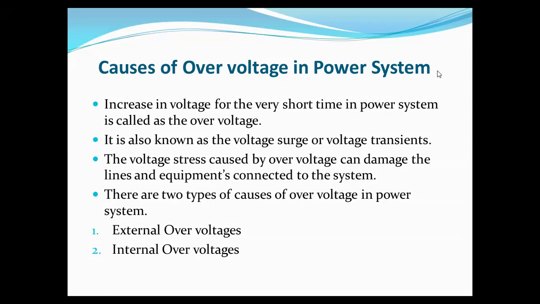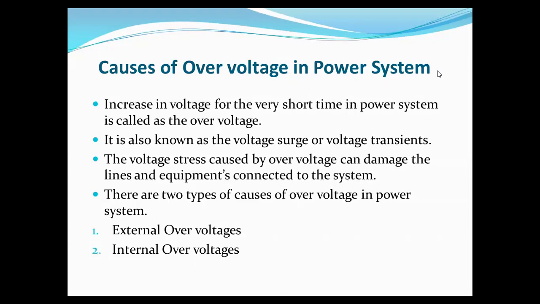Okay, so there are different causes for over voltage. They are classified as external over voltages and internal over voltages. An over voltage is nothing but a sudden increase in the voltage.